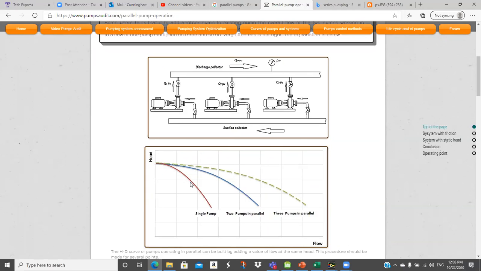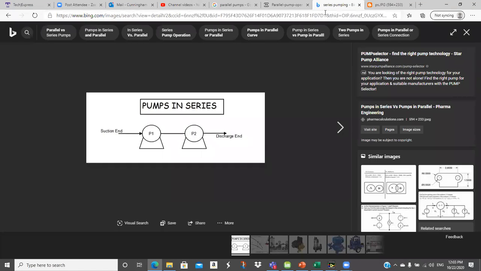This shows how we can combine pump curves. I will do some more on this from the presentation, but I wanted to show you that. And while I'm already out, let me go ahead and show you series pumping. We'll be talking about that next. So for series, this shows 2 pumps in series. The first one will boost pressure a certain amount, and then that same flow goes into a second pump.